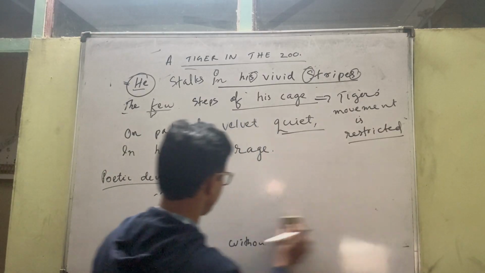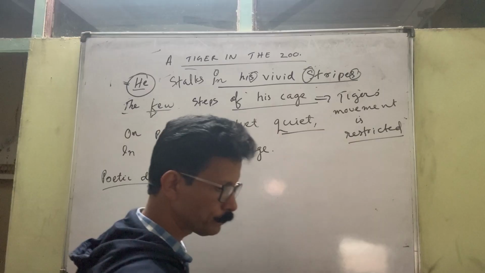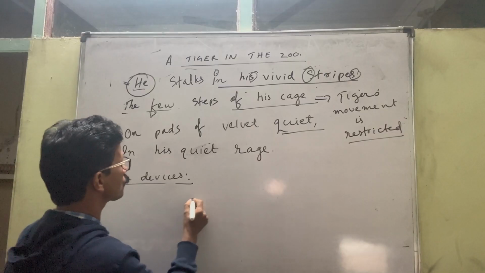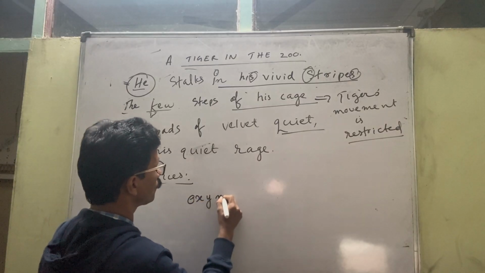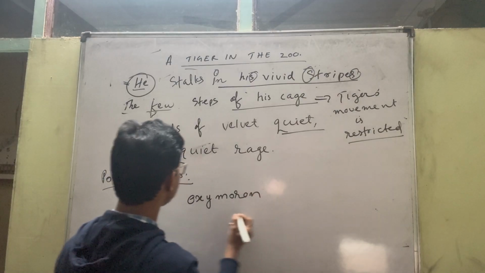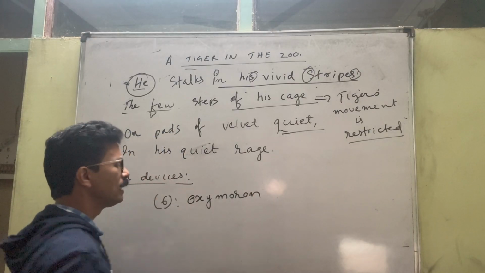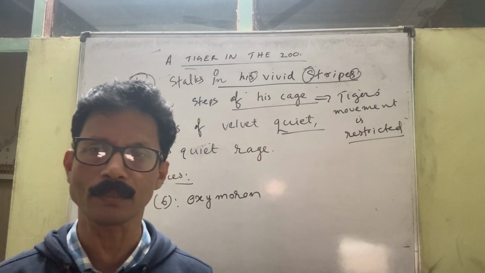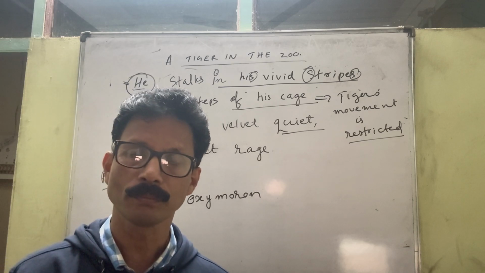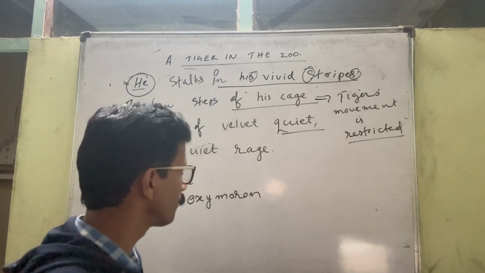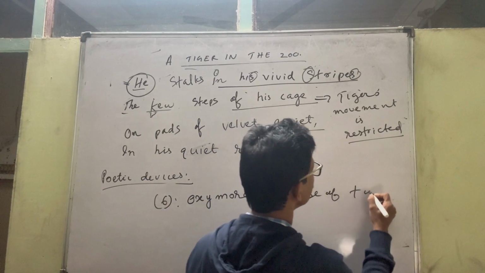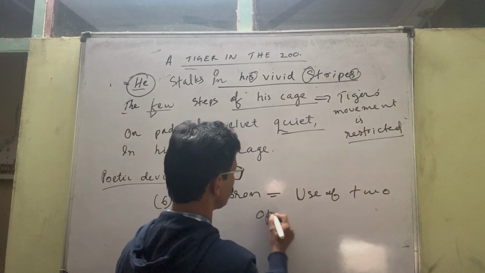Next poetic device used in this stanza, that is oxymoron. I think it is the sixth one. Yes, it's oxymoron. What is oxymoron? Oxymoron means use of two opposite words.